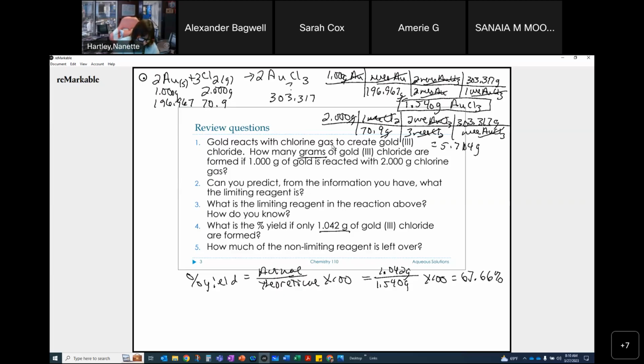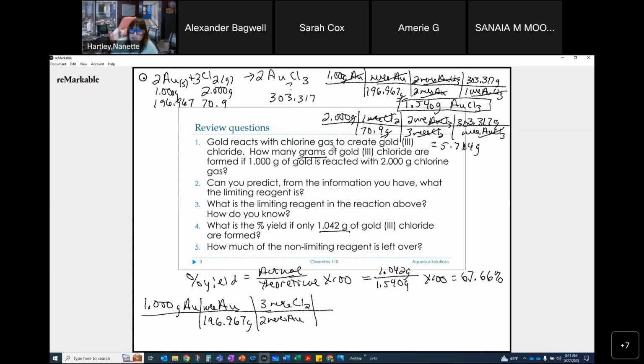So I need to start with that 1.000 grams of Au, convert to moles, and then use the ratio between the moles of Au and the moles of Cl2. I know that it takes 2 moles of Au to react with 3 moles of Cl2.